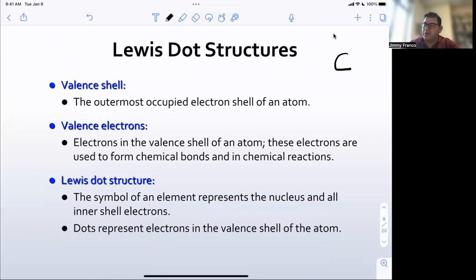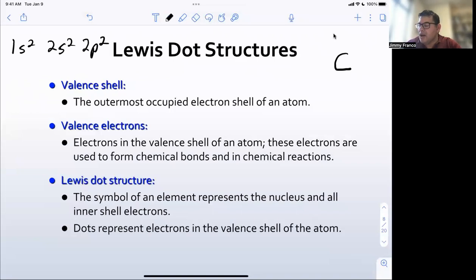Now, over here on the left, I'm going to write out our electron configuration. Carbon is 1s2, 2s2, 2p2. So this is my electron configuration for carbon.